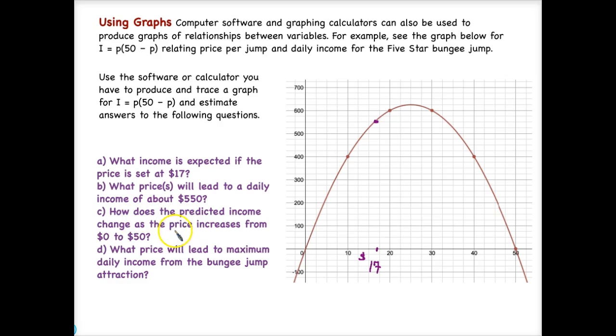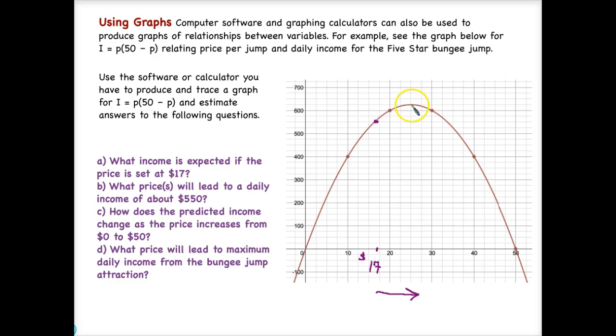How does the predicted income change as the price increases from 0 to 50? And we just answered that question, but now we can really see visually how our income is going up, up, up, and then down as our price increases the entire way. What price will lead to maximum daily income from the bungee jump?